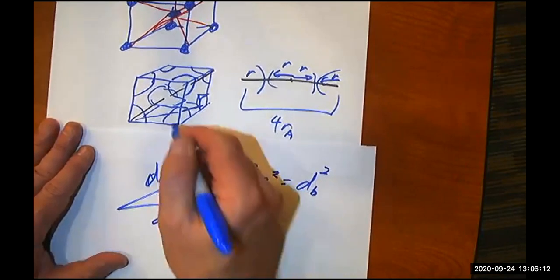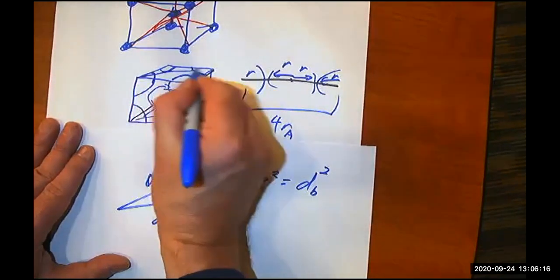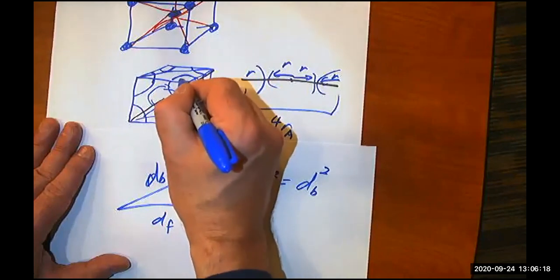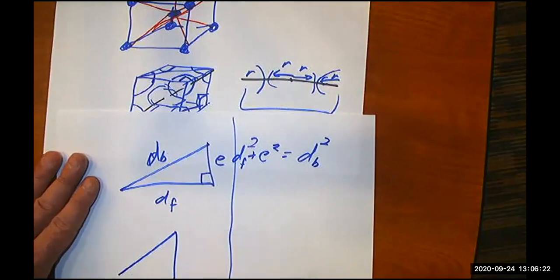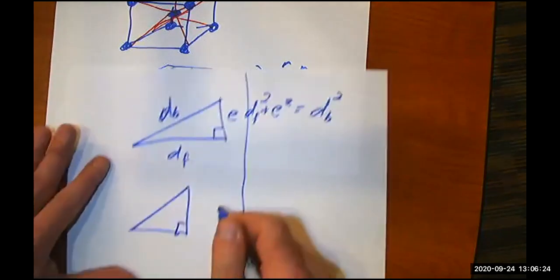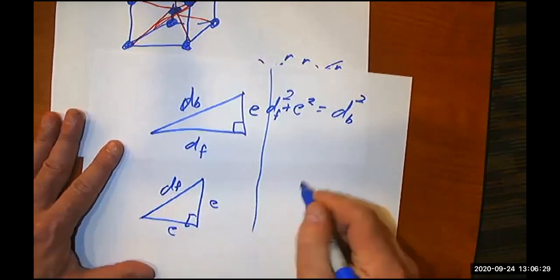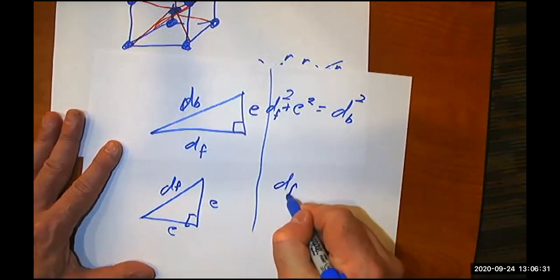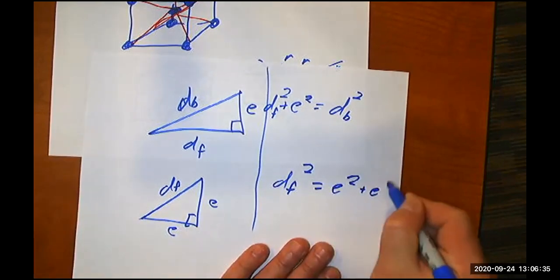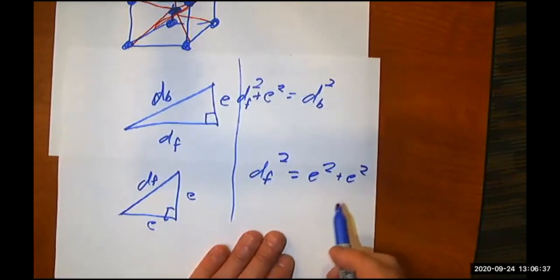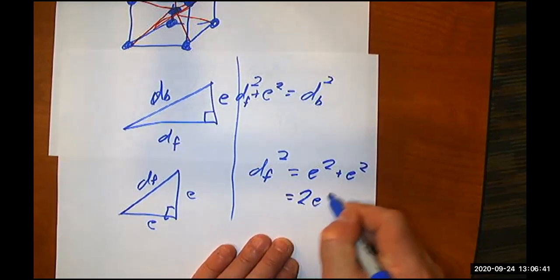We also know that a face diagonal gives us a right triangle along the face, with an edge, an edge, and the face diagonal. So d_f squared equals e squared plus e squared, which equals 2e squared.